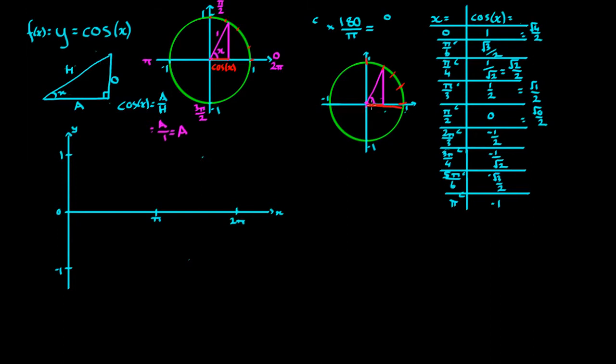Root 4 on 2, root 3 on 2, root 2 on 2, root 1 on 2, and root 0 on 2. So the cos of x values, they're not the red lines that I'm drawing, but they are the lines along the x-axis that correspond to those triangles. So I'll draw the triangles here. They are these lines which you can see appearing there.